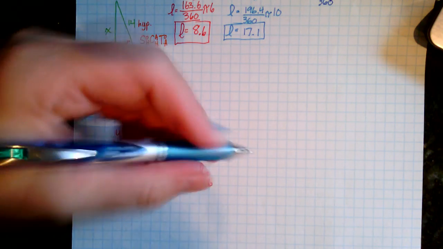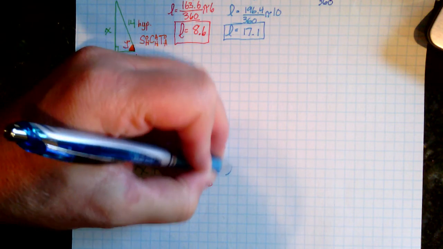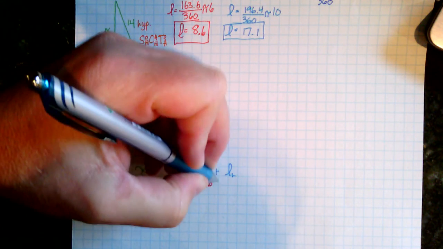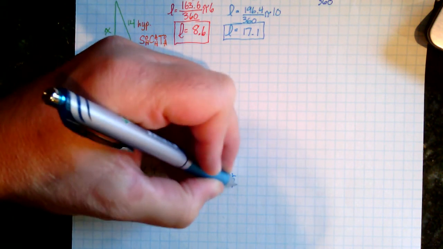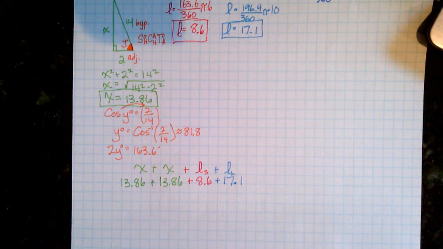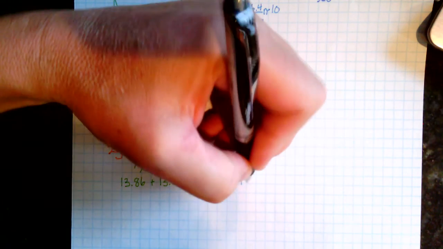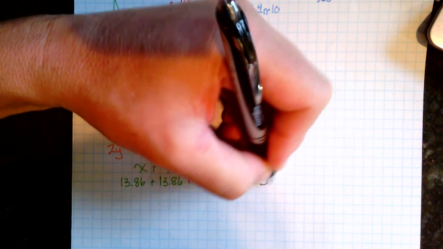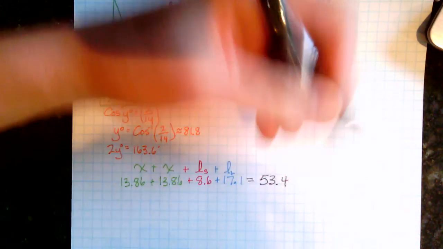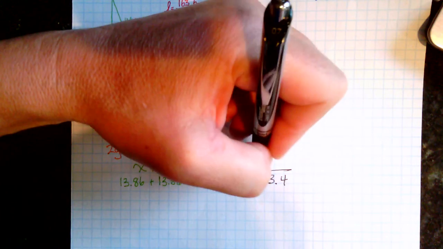Finally, plus the length of the large arc, which is 17.1, for a grand total of 53.4 units.